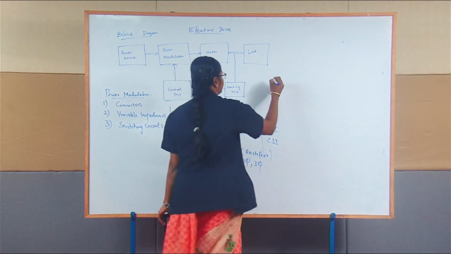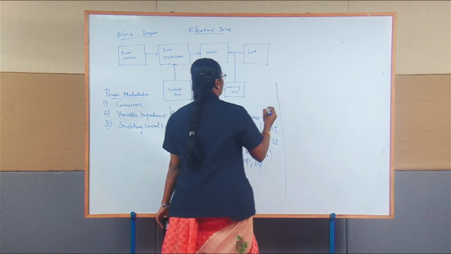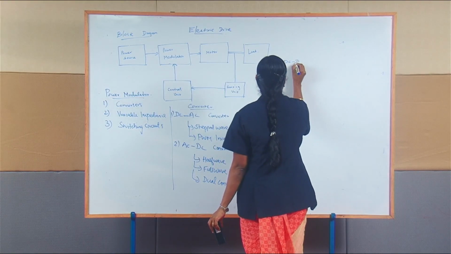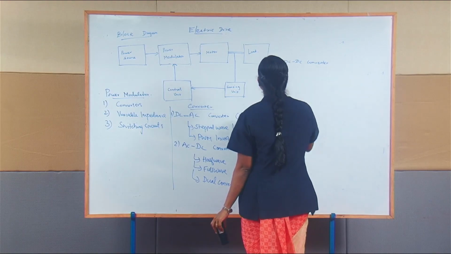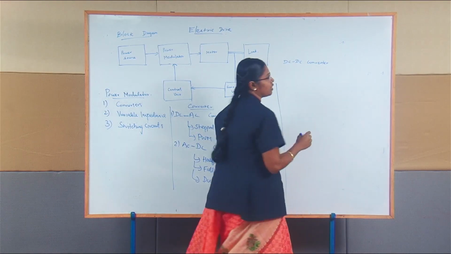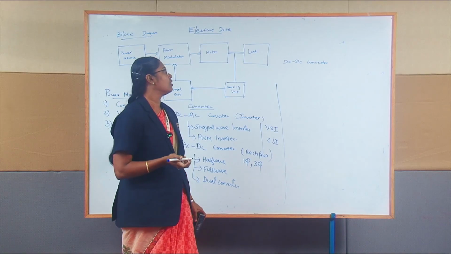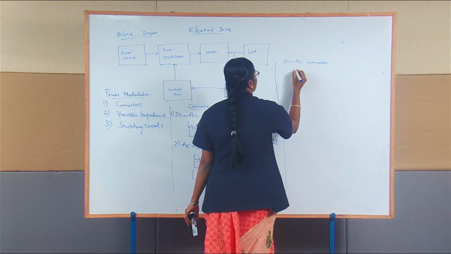Okay. So the other types of converters are DC to DC converter. Right? There are different types of DC to DC converter available like buck, boost, Cuk and all. Other than that, we can use chopper also.